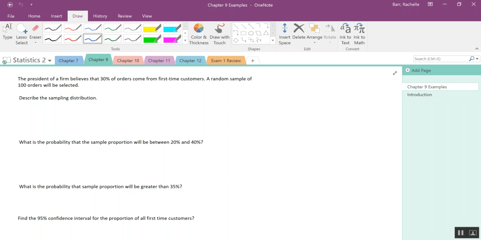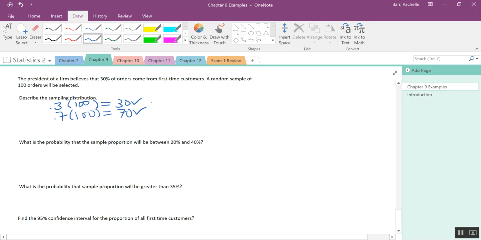So the first thing I'm going to do here is start by describing the sampling distribution. Since my sample is random, I have one of the requirements for the sampling distribution to be normal, check. I should also check the success-failure condition. So real quickly, I'm just going to calculate 0.3 times 100, which is my number of successes, and that's 30, that's bigger than 10. 0.7, which is Q, because 1 minus 0.3 gives me 0.7, gives me 70 customers, so that meets my second condition.